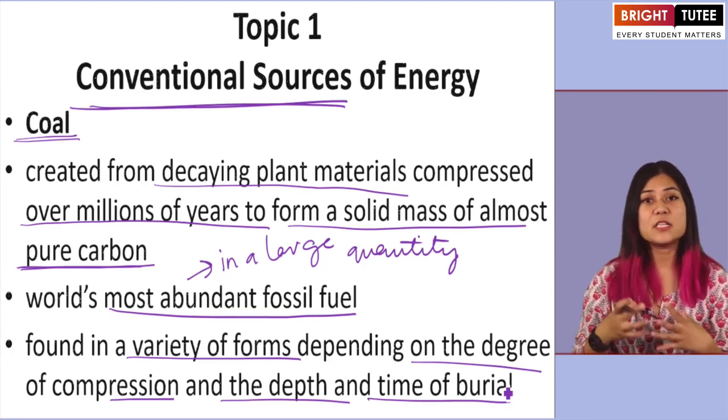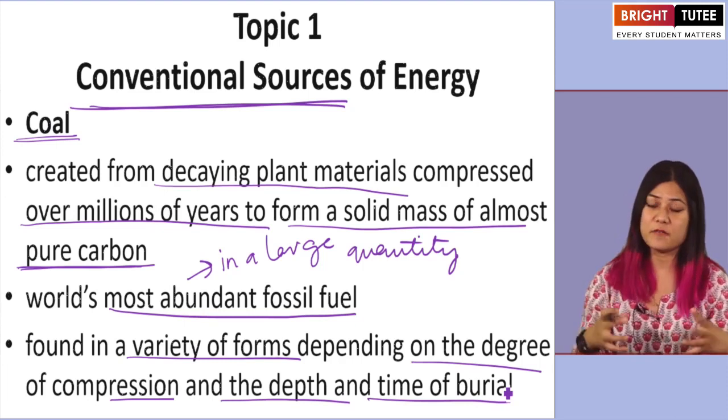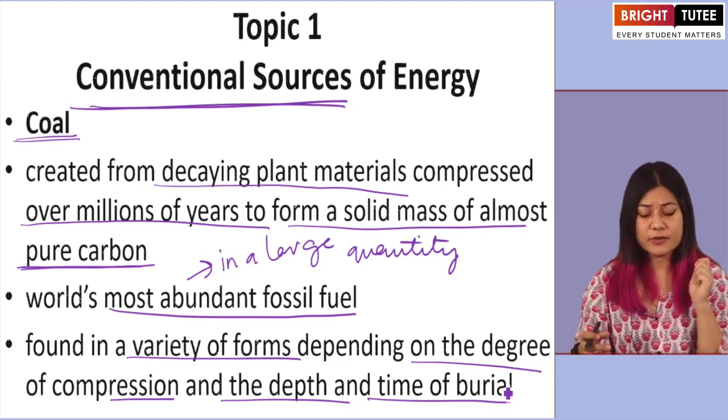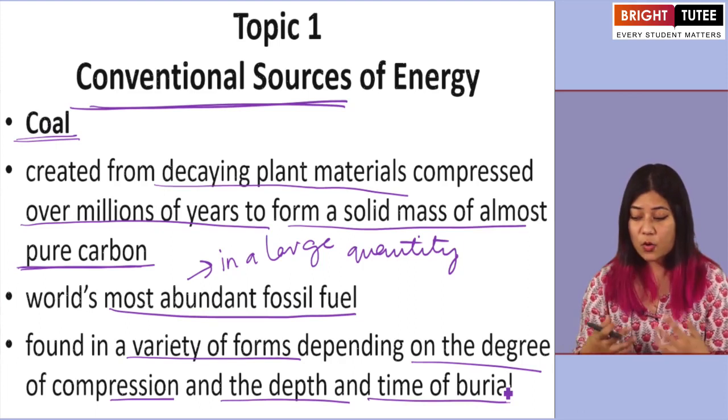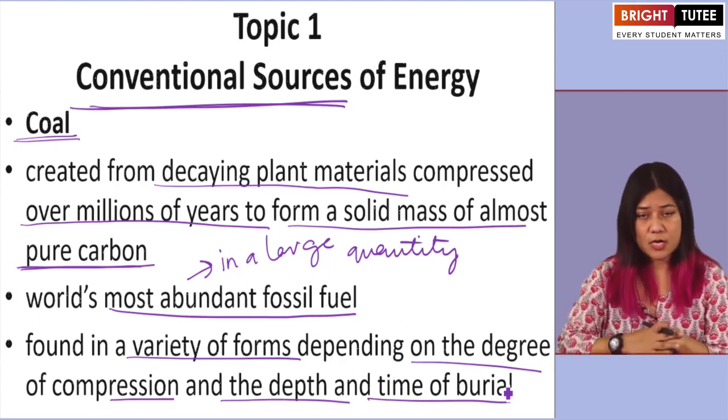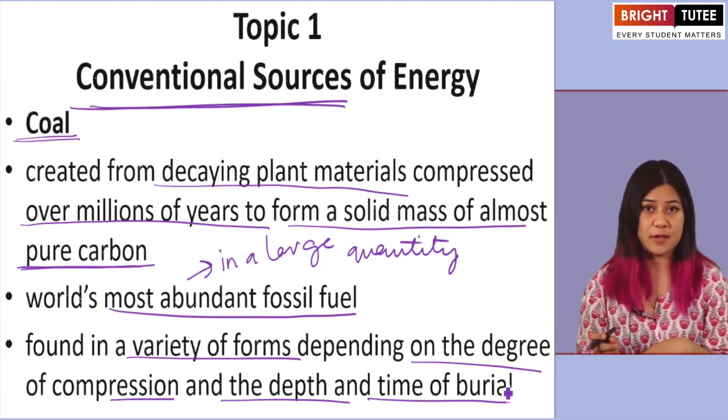If it is available in a rock-like structure, very hard, looks like a rock and very difficult to break, then we know that it has been compressed for a very, very long time.